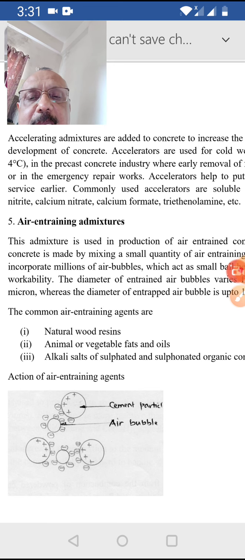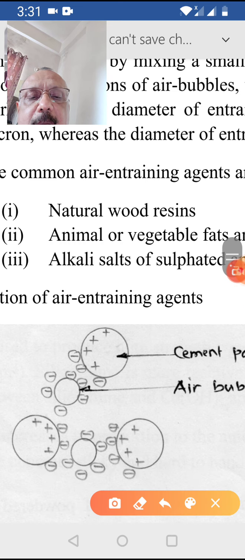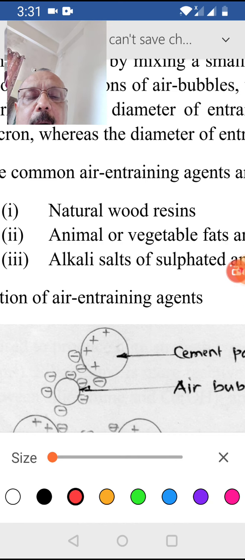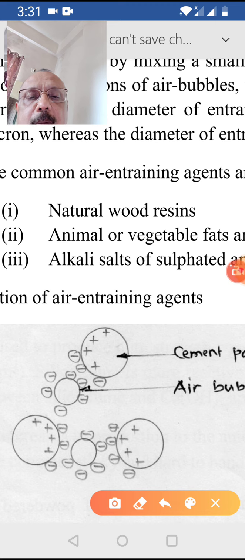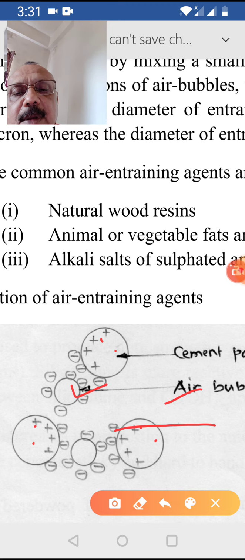Now, what happens exactly in the action of bubbles? You can see these are the cement particles. Again, all these are initially positively charged. Now, these air bubbles, particularly those entrained purposely, carry a negative charge.